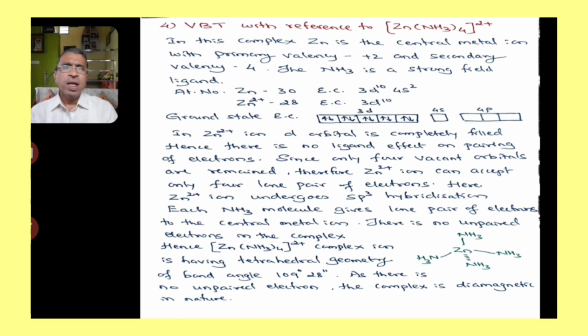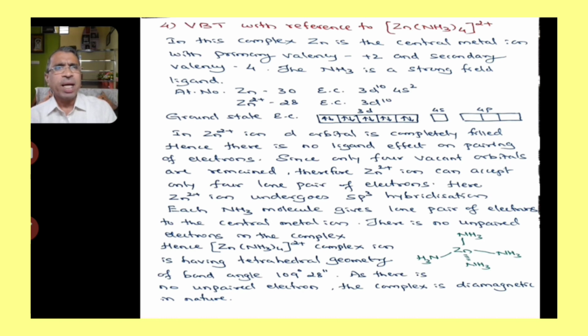Now coming to the other complexes of coordination number 4. How to explain these compounds using valence bond theory? Now let us take an example, the tetraamminezinc(II) complex.